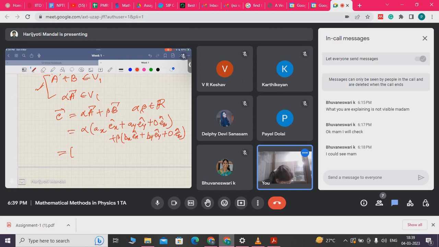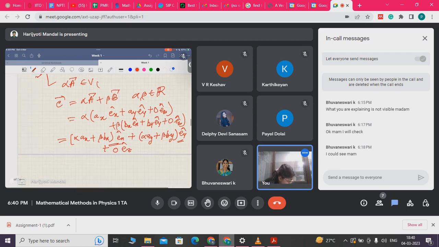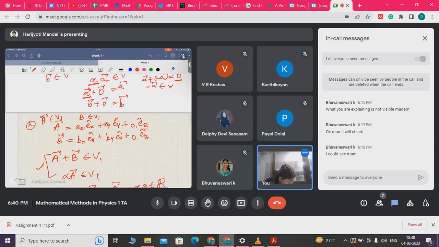After simplification, we will get (alpha AX plus beta BX) into EX plus (alpha AY plus beta BY) into EY, where these are the unit vectors along X, Y and Z direction, and also 0 EZ.